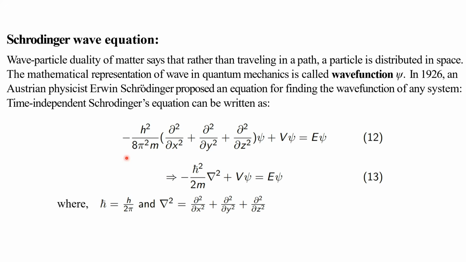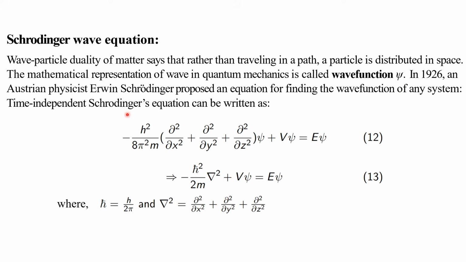Wave-particle duality of matter says that rather than traveling in a path, a particle is distributed in space. The mathematical representation of a wave in quantum mechanics is called the wave function psi that we already introduced. In 1926, an Austrian physicist Erwin Schrödinger proposed an equation for finding the wave function of any system.